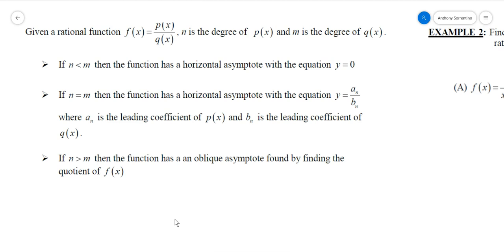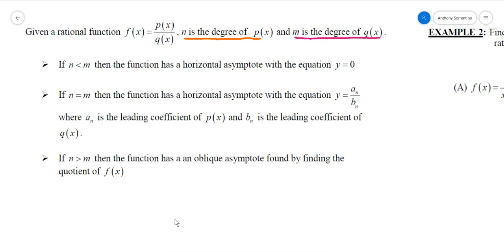So what we do with this is that we look at the degrees of the two functions that make up the rational function. N is the degree of the numerator, M is the degree for the denominator.